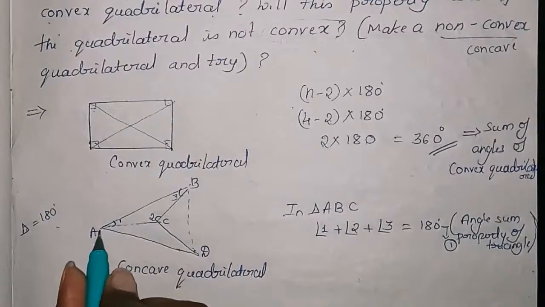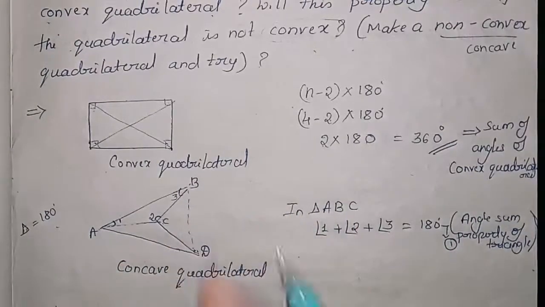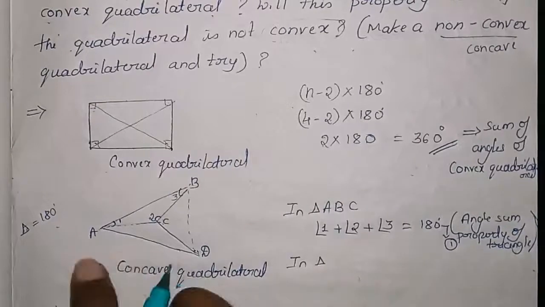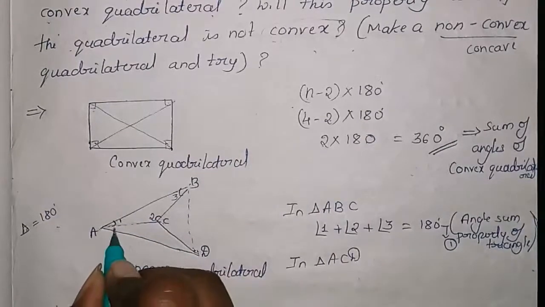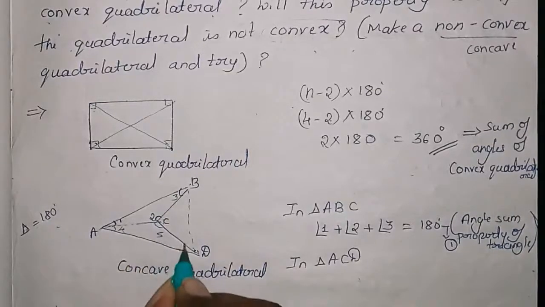Another triangle we will consider is ACD. I have drawn the diagonal, whether it is concave or convex. So in triangle ACD, we will name these angles also: 4, 5 and 6.